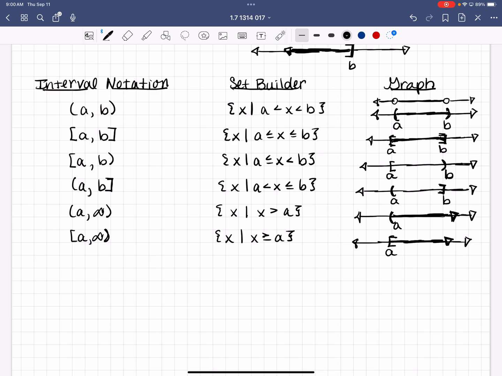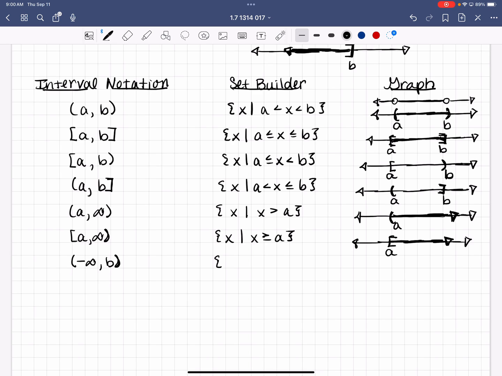Now, you can come from a negative infinity. So we're going to use B and talk about the negative infinity. If I'm coming from a negative infinity, I can come up to B, but it is not closed. It's open.